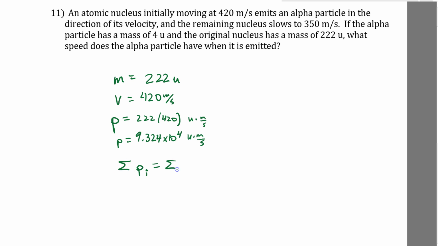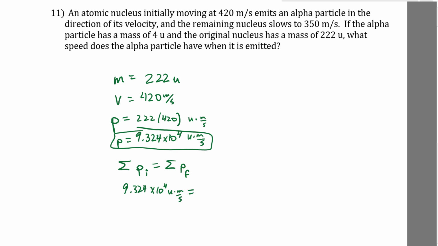The total momentum in a system before some event happens has to equal the total momentum in a system after that event happens. So the sum of the initial momentums equals the sum of the final momentums. This is one way you can write down conservation of momentum. So this is the total momentum before, and it has to be equal to the total momentum afterwards.